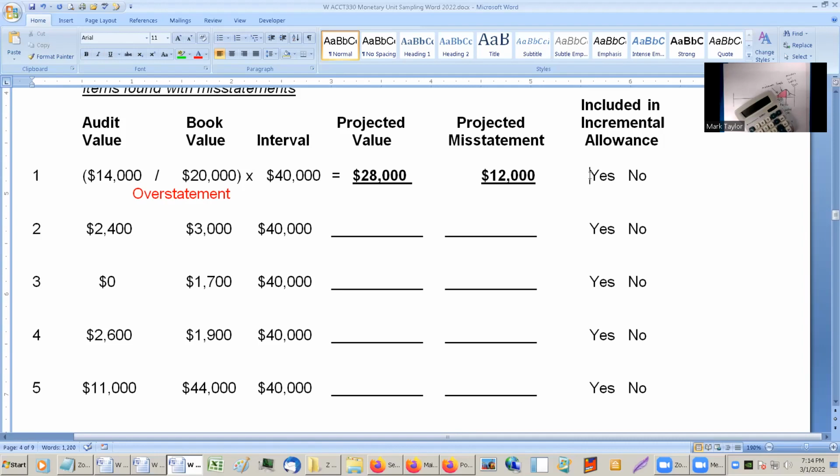And this is included in the incremental allowance. This is what normally you would be looking for. This is an overstatement. Notice it's less than the interval.